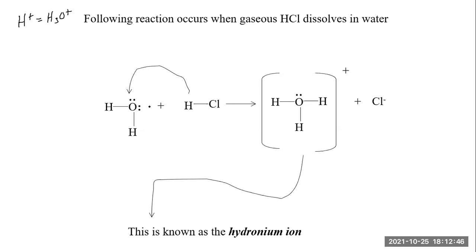And the difference in terms of whether you get H plus or H3O plus in your equation has to do with whether or not you include water. So for example, what we're really looking at here is what's referred to as the dissociation of an acid, which is a fancy way of saying it breaks apart.